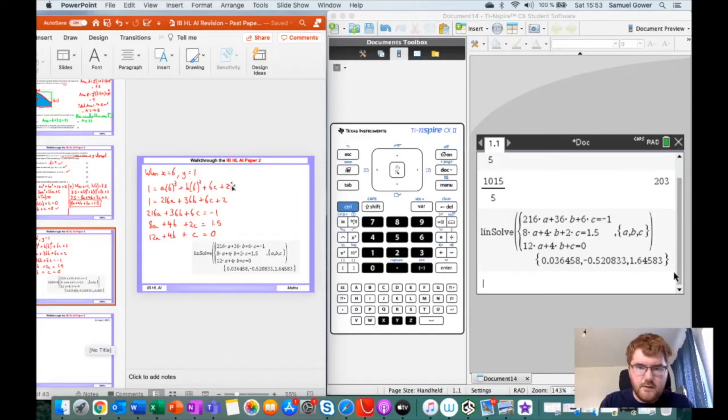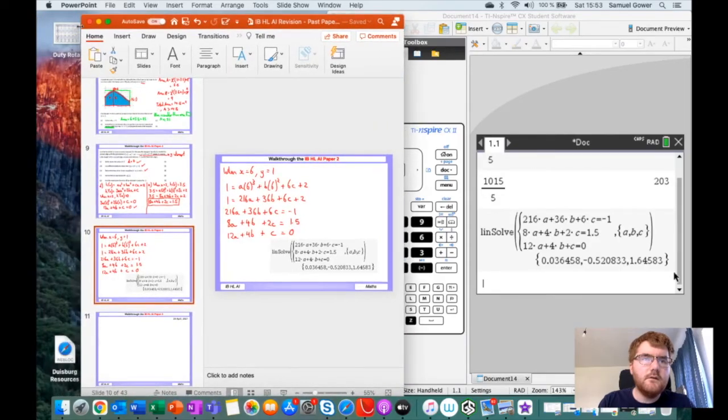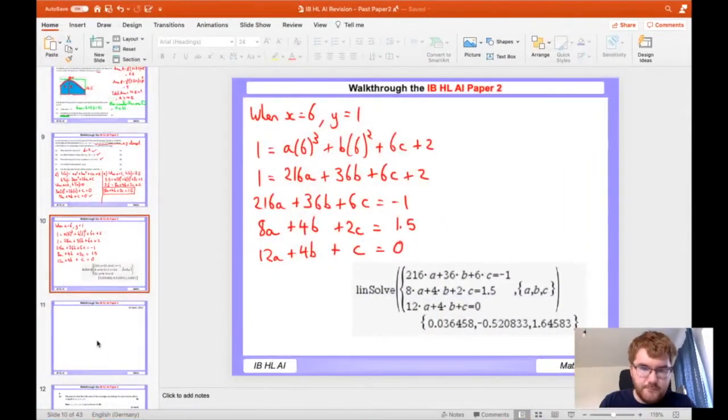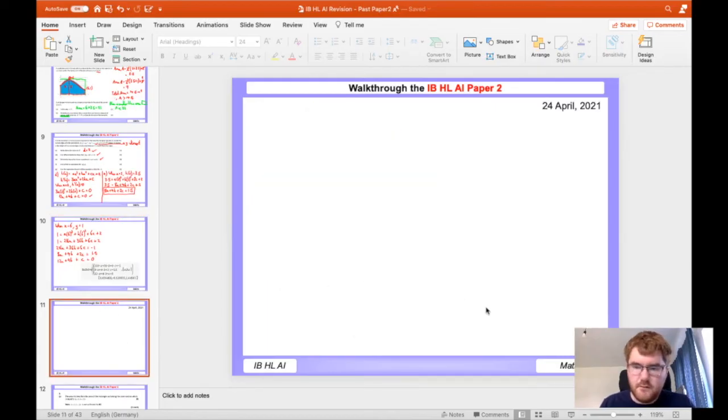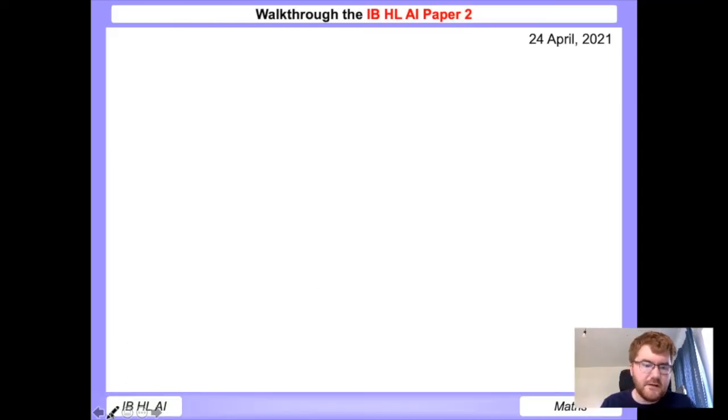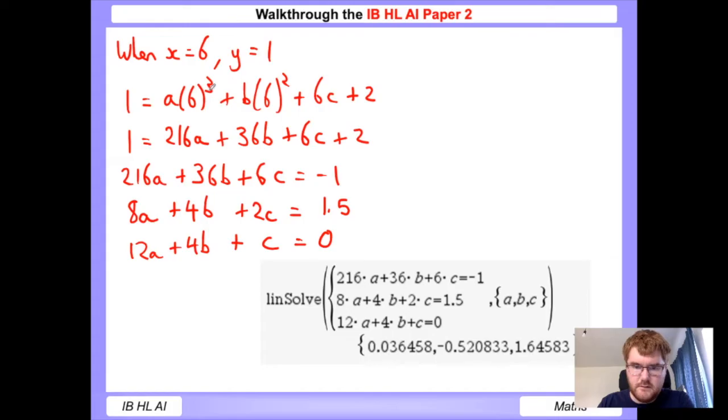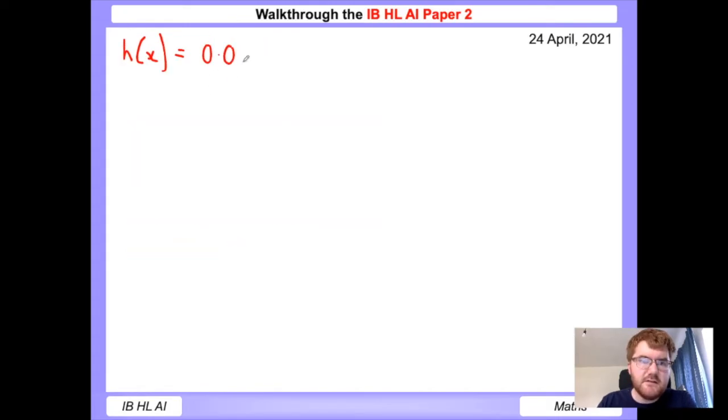Good, I've got some room here. So I'm now going to write the full answer. So remember we've got D as well, so don't forget D when we write down our full answer. So let me open this up again. So h of x is equal to, we're going to round to 3 significant figures, 0.0365 x cubed.